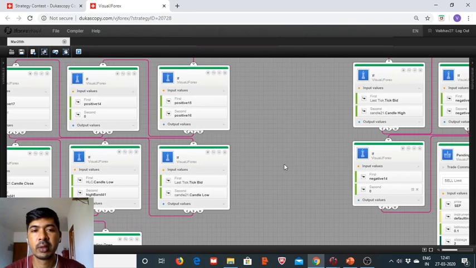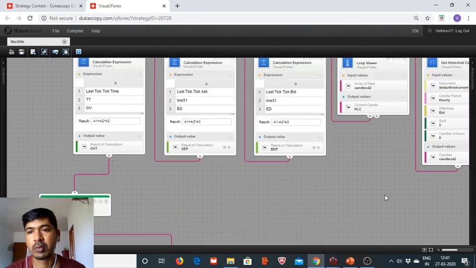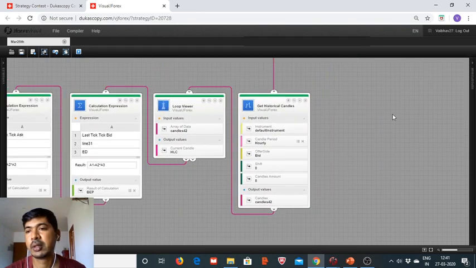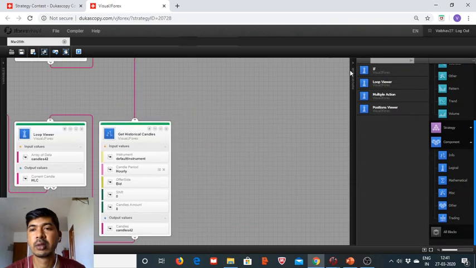Okay. Now let us add the conditions to the sell setup. We will again bring in two if blocks.